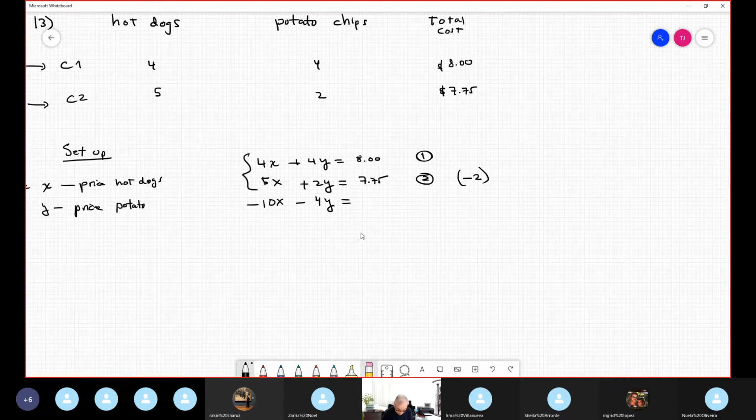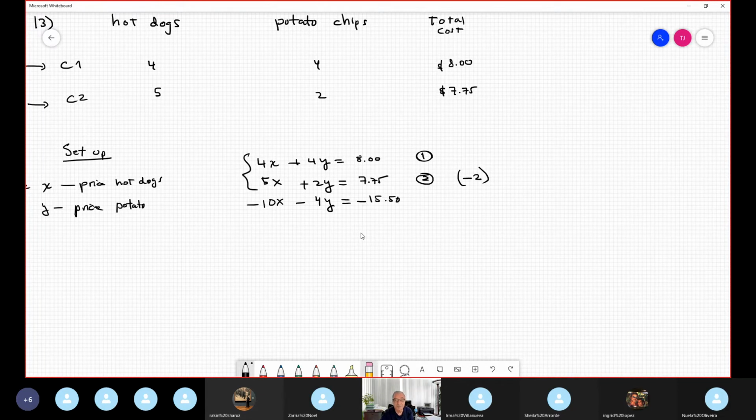Then $7.75, you put it in the calculator as a decimal, multiplied by 2. Actually it's -2, but I don't care about the sign: 15.50 and -15.50. And this is my new equation 2. I forgot this, it's temporary, not necessary.